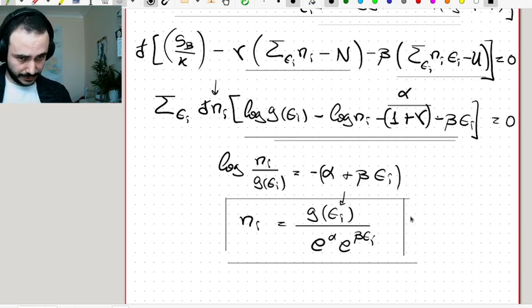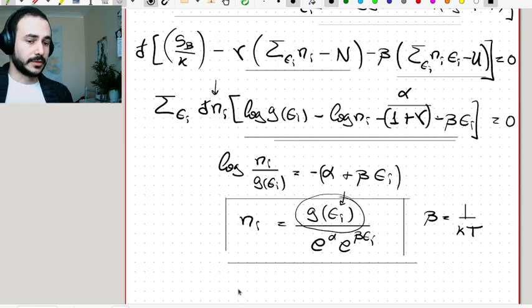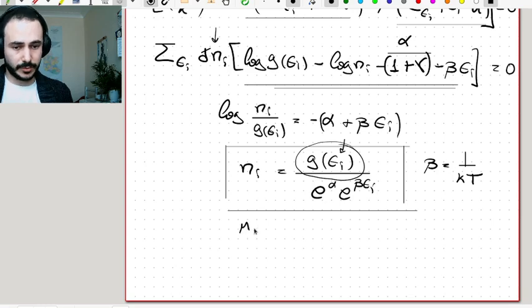This doesn't change any of the thermodynamic analysis that we did. So this beta, we know it's the inverse temperature. That's the same thing as we discussed before. The only thing is that because we are specifying states differently, we get this degeneracy there. That's the only difference, and these occupations are what we call the Maxwell-Boltzmann occupations.